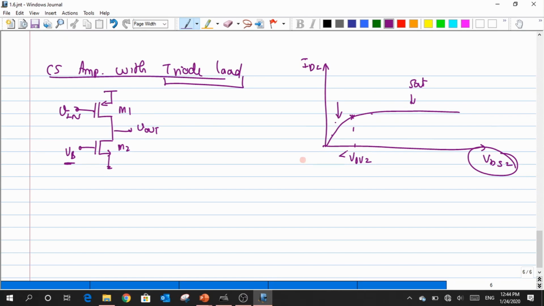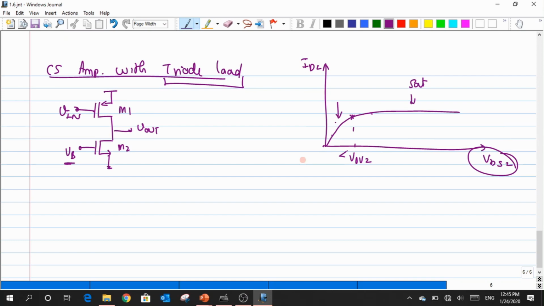So now how will I do that? Who is fixing my Vout Q? M1 or M2? What I said, for a common source amplifier with a current source load, who was fixing our Q point?